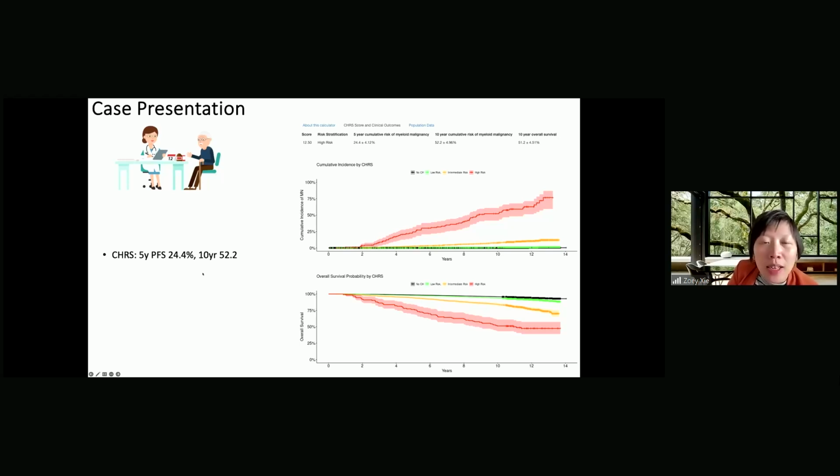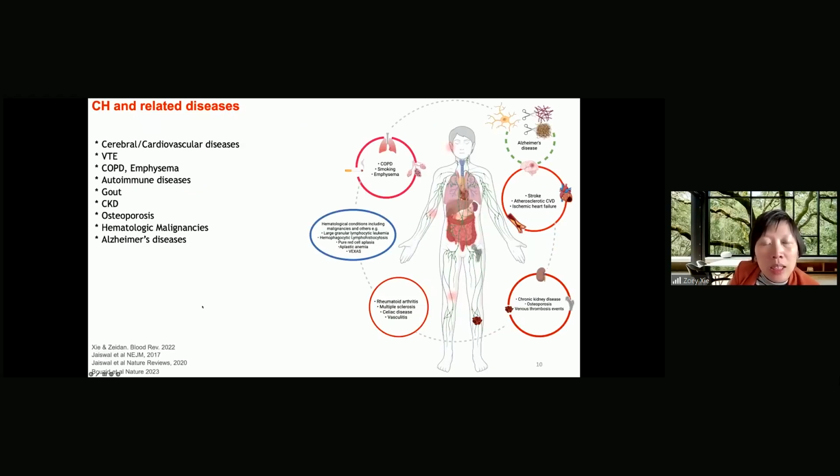So we'll talk about whether there is any therapy that can prevent the disease progression. But before we talk about that, let's talk about the impact of clonal hematopoiesis on other health conditions.